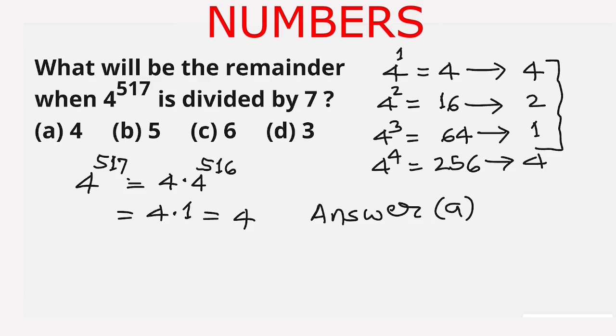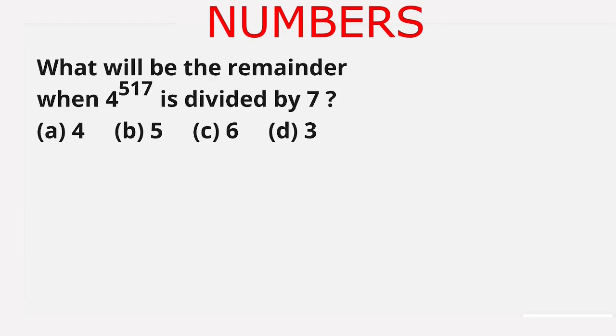We can solve this question with one alternate method. So for solving by alternate method, I erase this solution, as we can write the given number 4 to the power 517 as 4 into 4 to the power 516. This can be written as 4 into 2 to the power 1032.